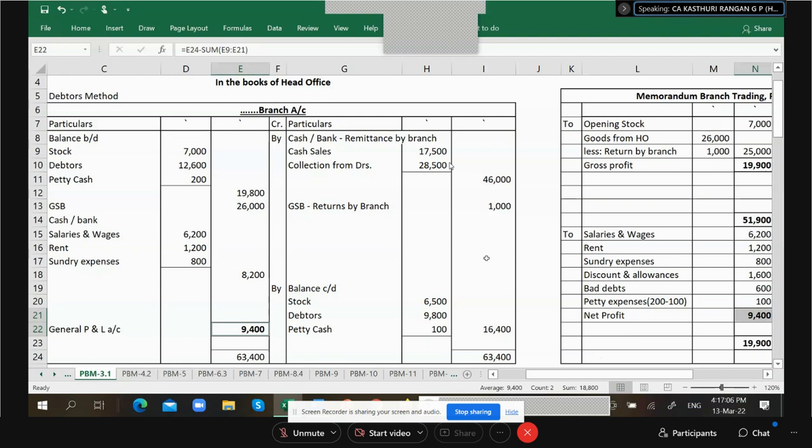Branch debtors account, where you will record only the transactions with the customer. Branch expense account, where you will record only the branch expenses. And then the branch P&L prepared at the end of the year, where you will compare the expenses of the branch with the gross profit made by the branch. You'll get the final profit of the branch. Correct?